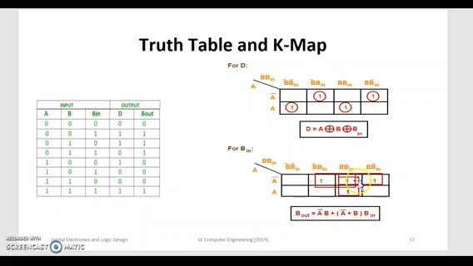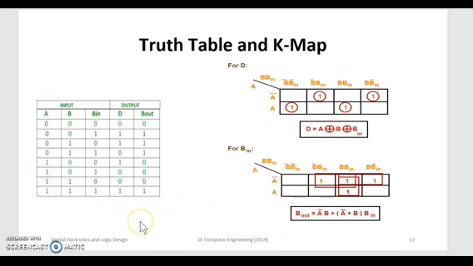For another horizontal group, we have A bar B. And for this vertical group, we will have the term B B in. In these terms, we have a similarity: the first was A bar B in and the last was B B in, out of which we can take B in common, and the simplified form will be A bar B plus A bar B in plus B B in.